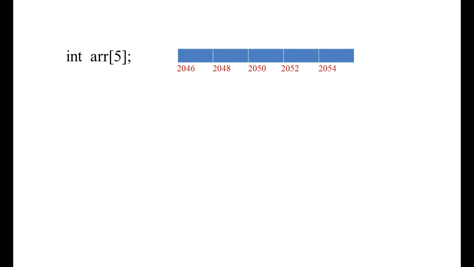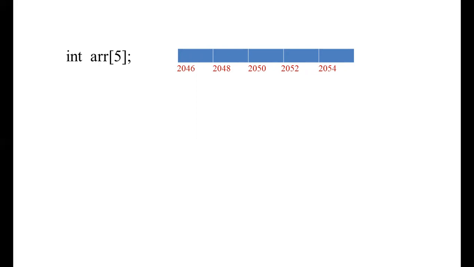Why is the memory allocation 2046, 2048, 2050, 2052, 2054? Because we are taking 5 integer array elements and the size of the integer is 2. In some compilers the size of the integer is 2 bytes, and in some compilers it is 4 bytes, as we discussed in the C programming language. It depends on the compiler we are using.